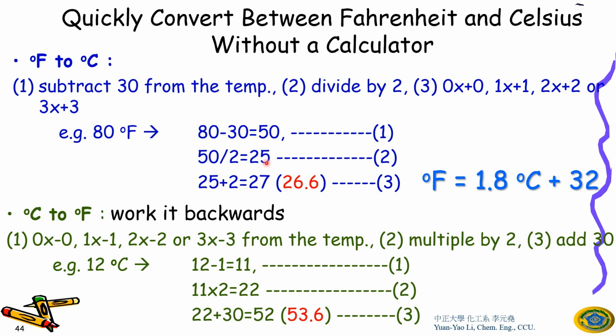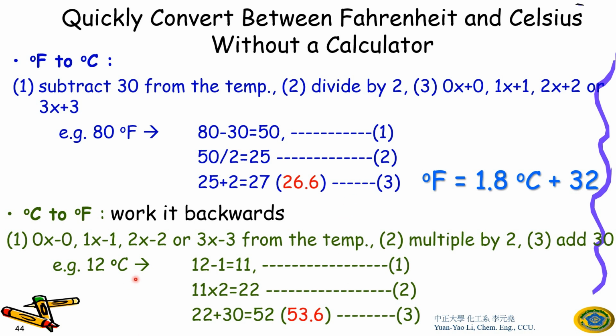So this is 25, right? So you add 2. So 25 plus 2 will be 27. When you do the precise calculation using this equation, the answer is 26.6. So it's very close. So I know, wow, 80 Fahrenheit is about 27. So I can just wear a t-shirt or shirt. It's not too hot, it's not too cold, right? So if you go to the United States, this is a very easy way to find out the temperature.